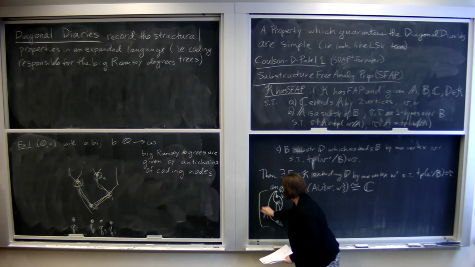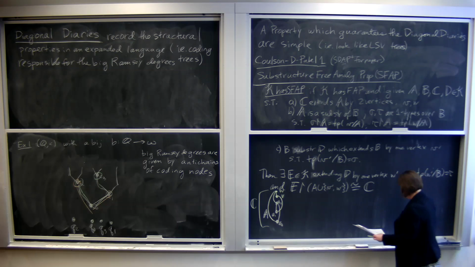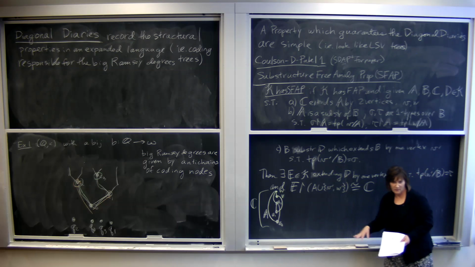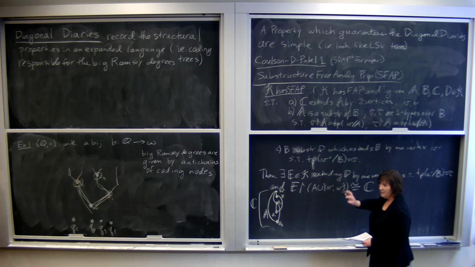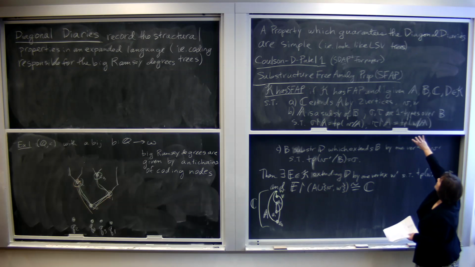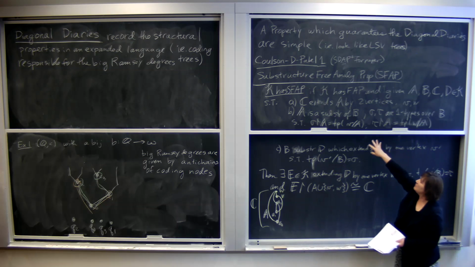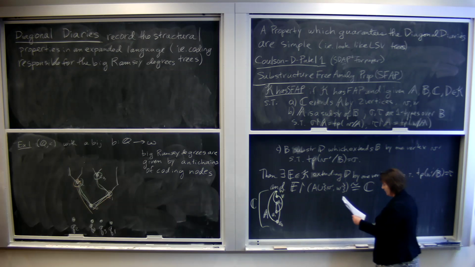So this whole thing here is now C. And let's suppose you have A embedded into some other structure B, and you want to be able to build a copy of C on top of B, which respects any 1 types over B that you can possibly throw at it, subject to them looking like V and W over A. And you can do that.